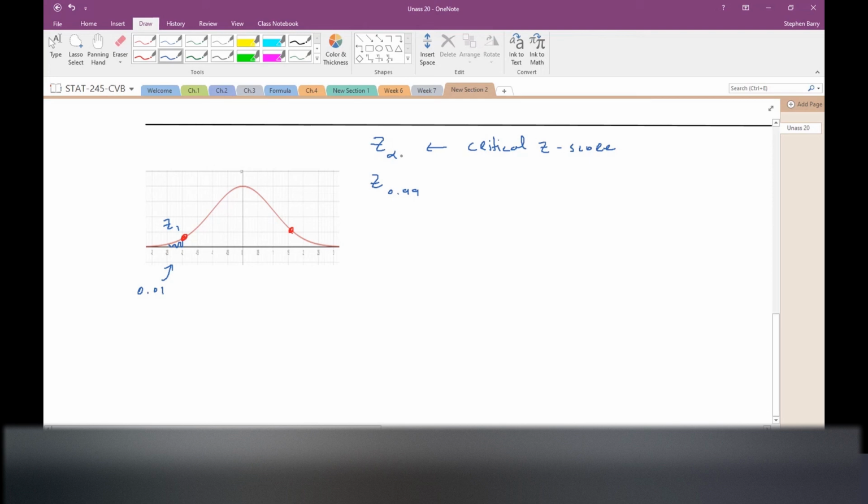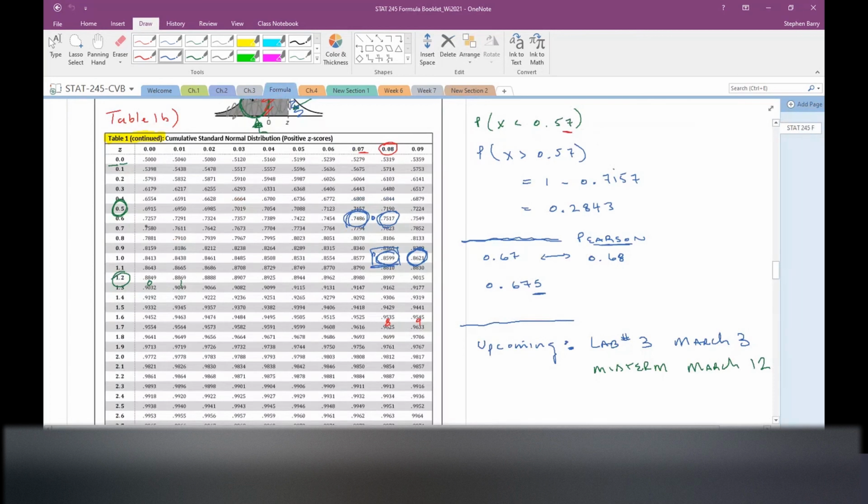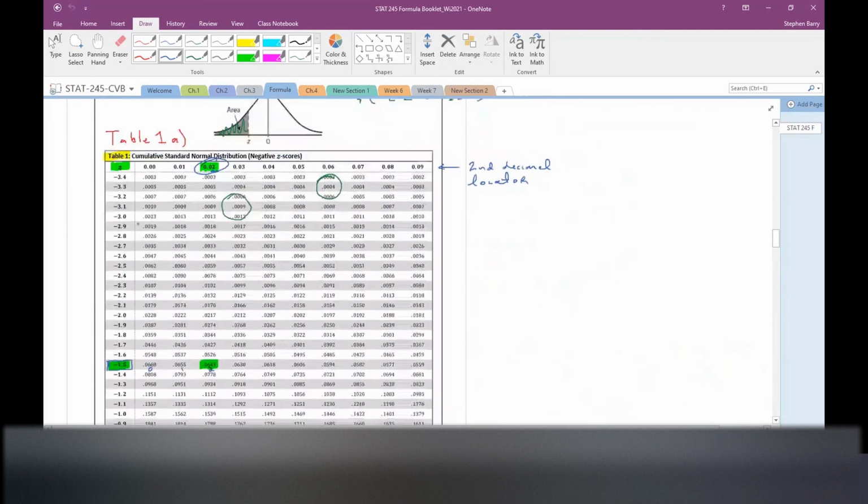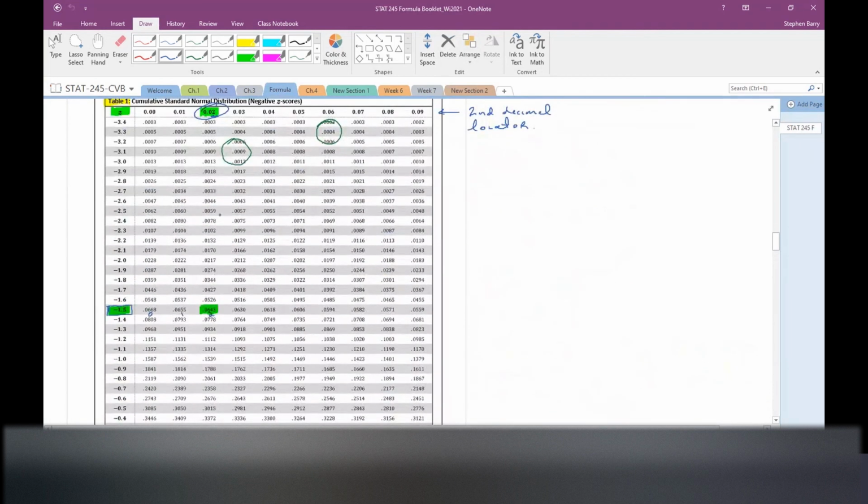But again, you could do that, and then all I have to do is look up this thing on the probability table. So it's going to be a negative Z score. So where is 0.01? It'd be here and here, I guess. So negative 2.325.